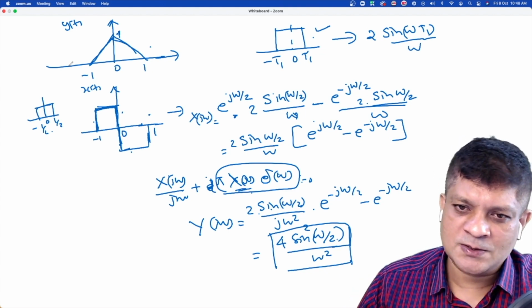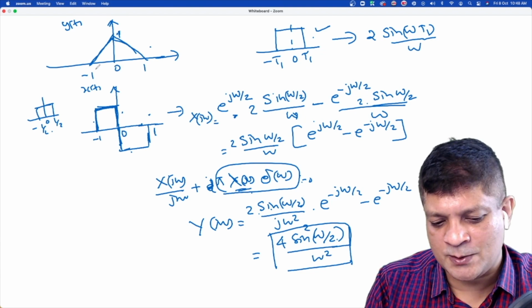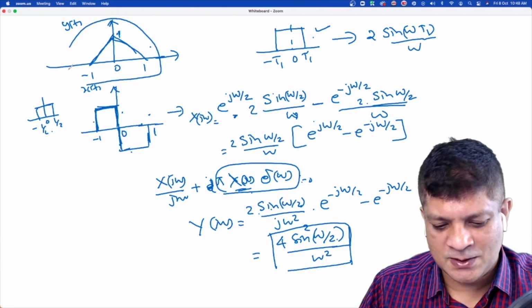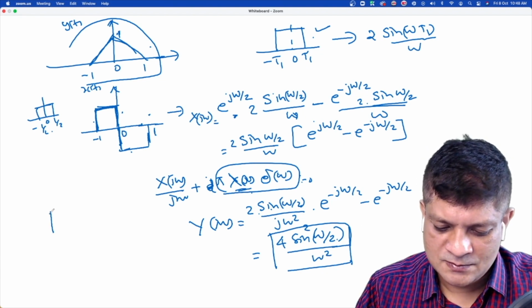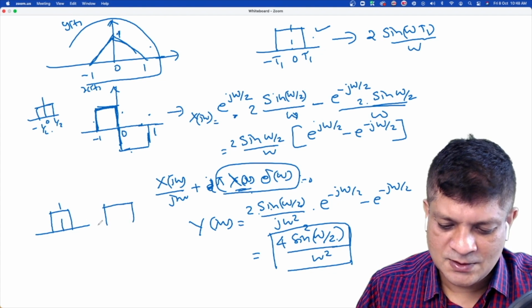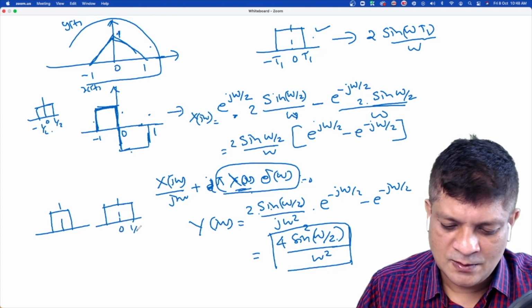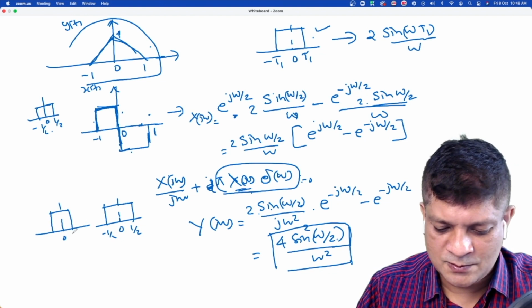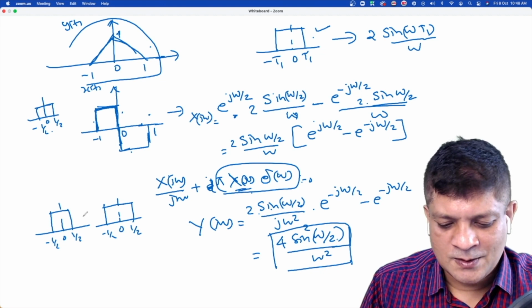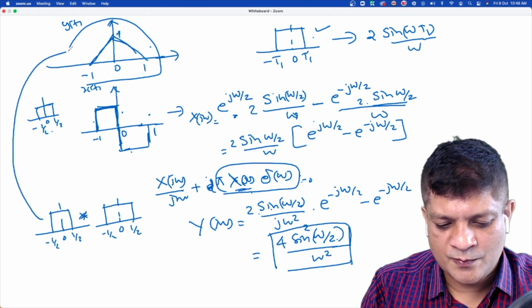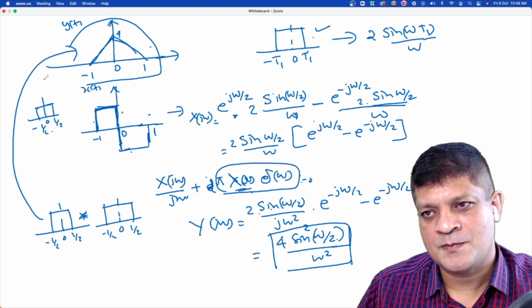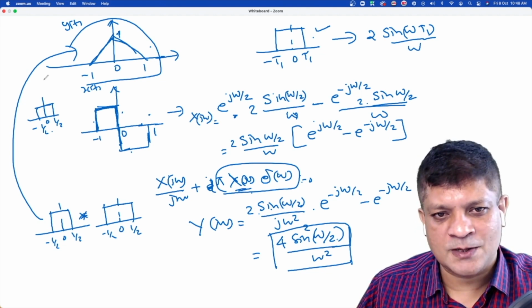Convolution. Convolution of what? Two rect functions. Which are those rect functions? Standard rect functions, that means from minus 1 by 2 to 1 by 2. If you convolve these two, will you get the same answer?